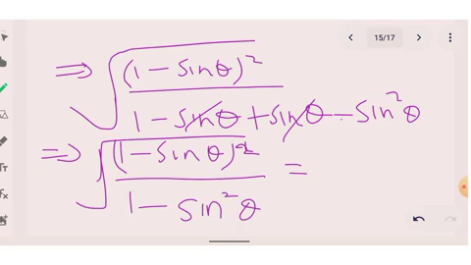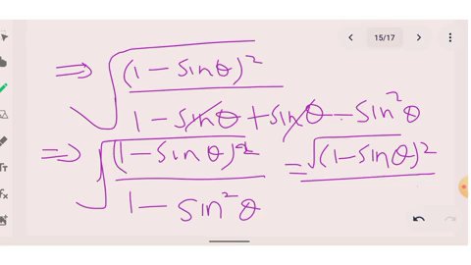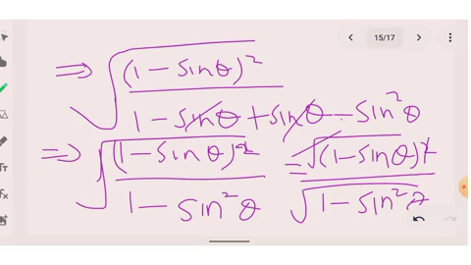So from here, you can see that this can be split into 2: 1 minus sine theta all squared over 1 minus sine square theta. So now when we go for that, we cancel the square root with this square. And this one inside, that is 1 minus sine square theta, can also be cos square theta. Do you understand? This will be cos square theta.